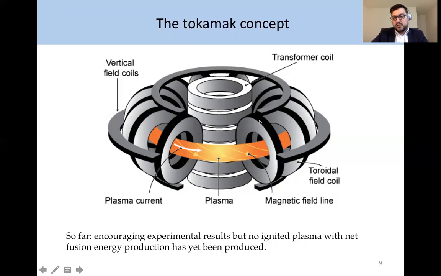So those circular coils generate a field along the white arrow here, and you have some correction coils, the vertical coils, that generate the field that leads to the helical direction.